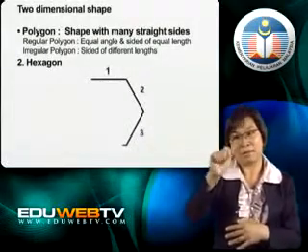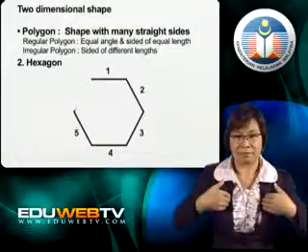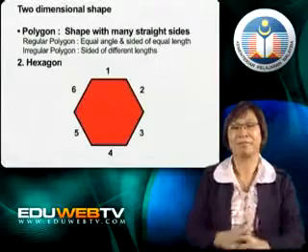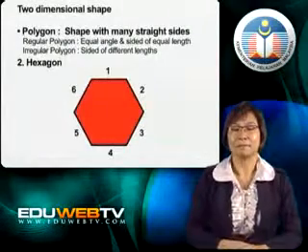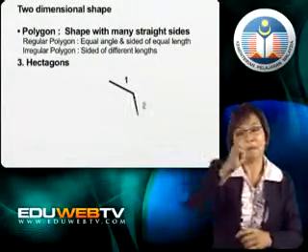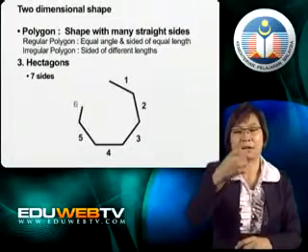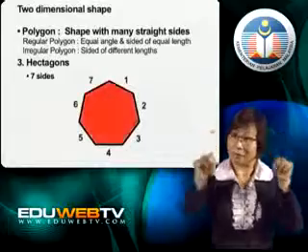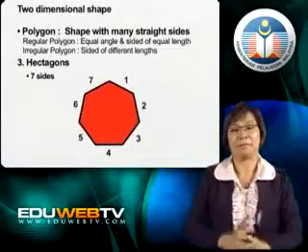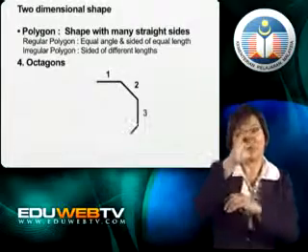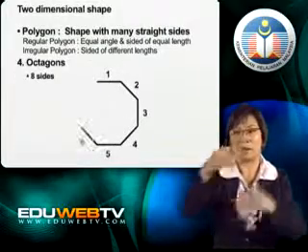Hexagons, which have 6 sides. 3. Heptagons, which have 7 sides. And octagons, which have 8 sides.